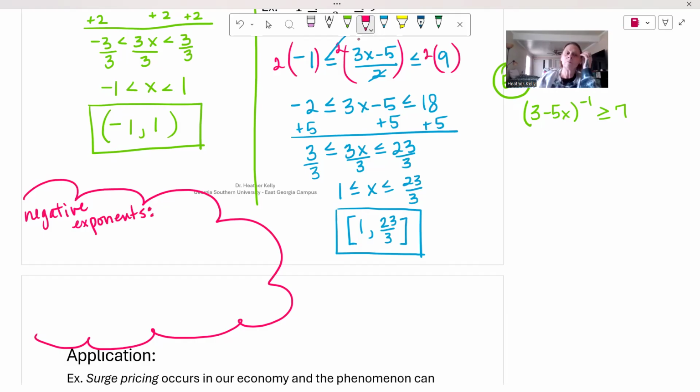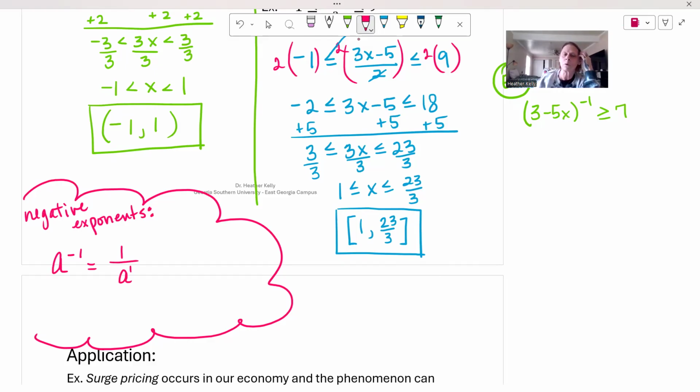If I have a to the negative 1, that is equal to 1 over a to the 1 power. So what negative exponents do is they force a fraction.